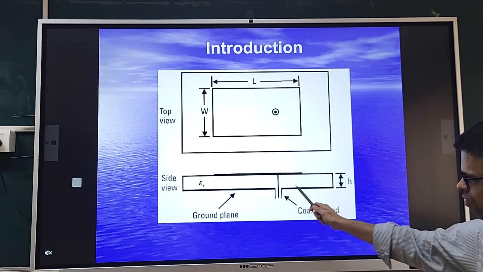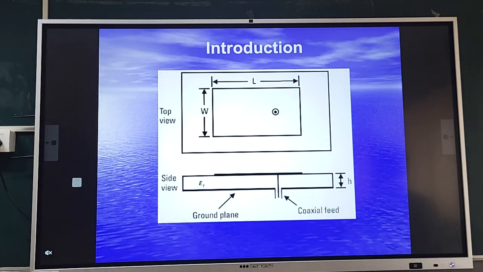Next is what are the ground plane design features? Whether the ground plane is circular, whether the ground plane is rectangular, or any other modifications which are employed in the ground plane. In fact, defected ground plane structure is one of the favorite topics for many antenna researchers, because using that one can achieve compactness, low cross polar radiation, and bandwidth enhancement.